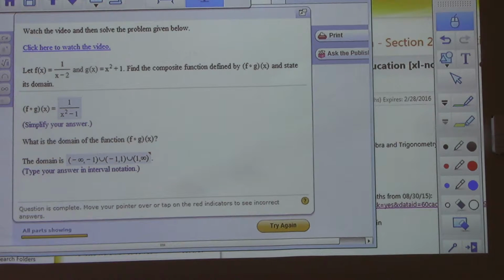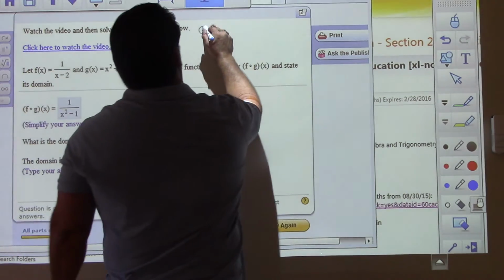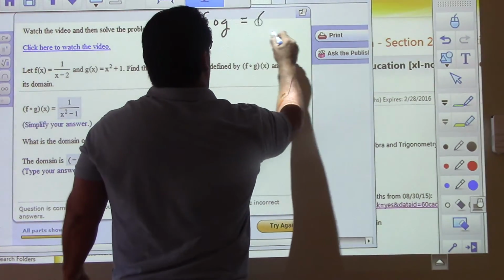So write it down. And go ahead and start on it, because they give you f composed of g. f composed of g means that I'm going to rewrite f in terms of what?